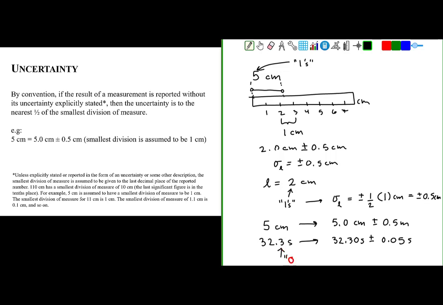So that is to the 10th place. That means our uncertainty can be written as plus or minus 1/2 of a 10th of a second, which is plus or minus 0.05 seconds.